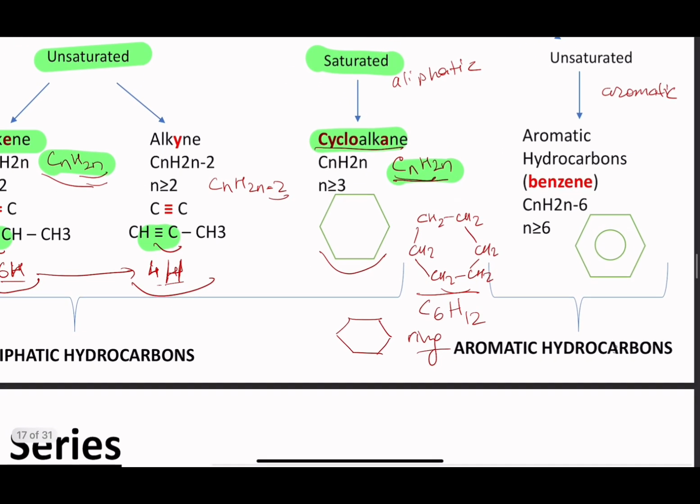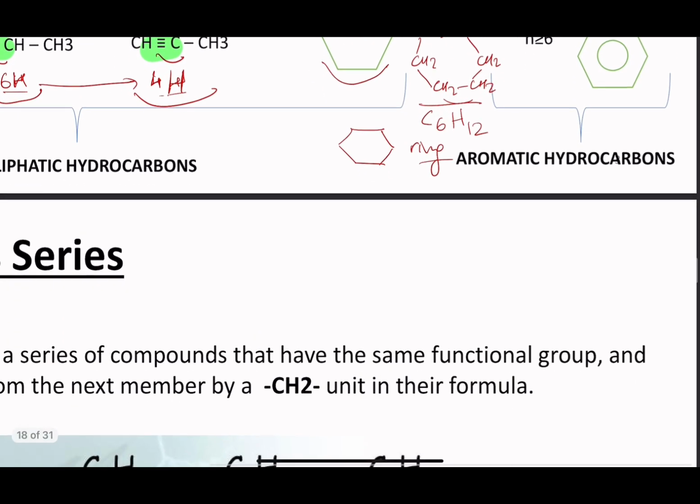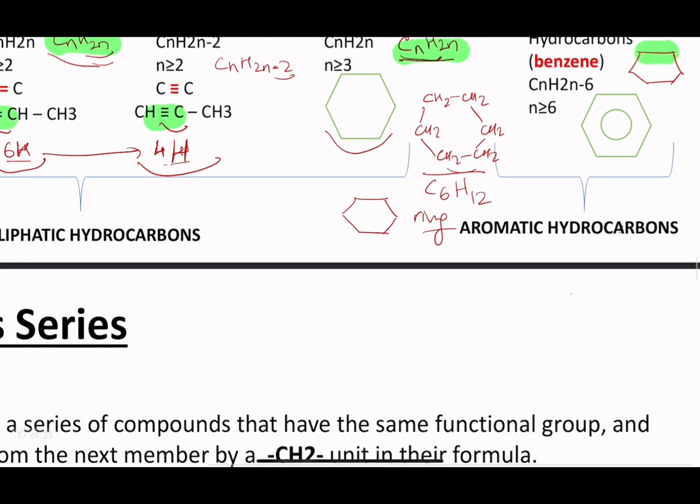But aromatic ones, they have 6 carbons like this. Now I'm gonna draw it in here. So carbon, CH2. Actually, it's not CH2. It is C, and then C. I have a double bond, 3 double bonds.